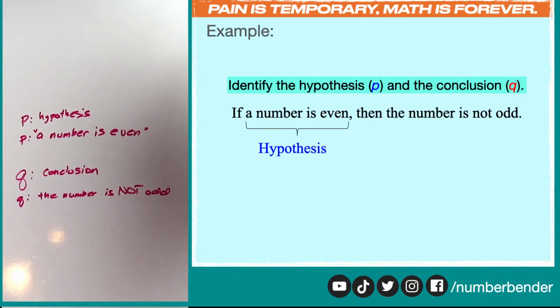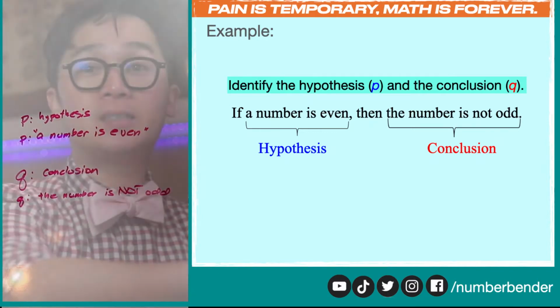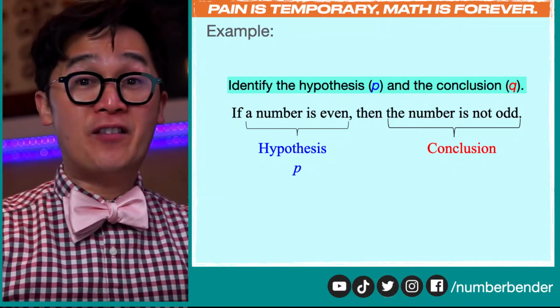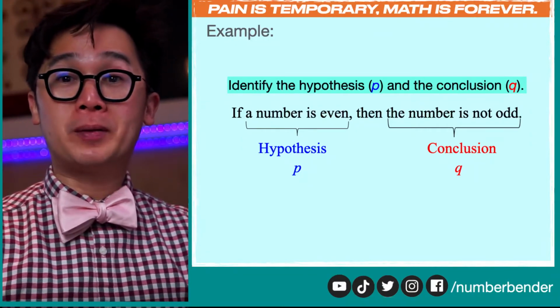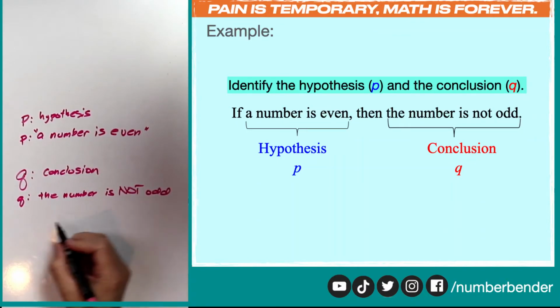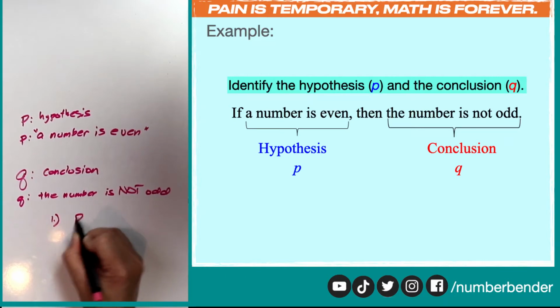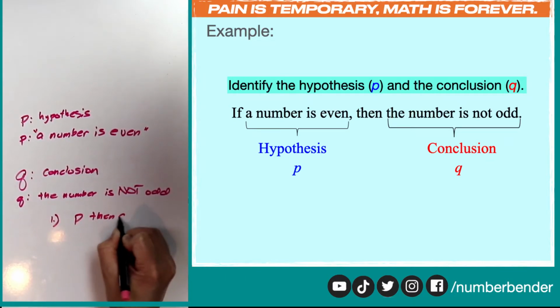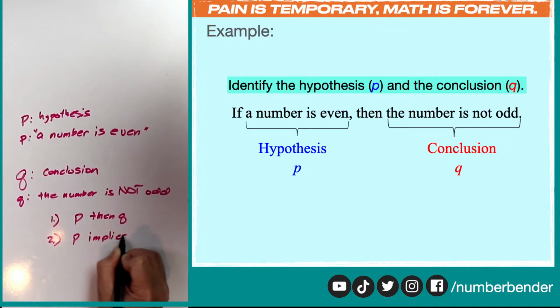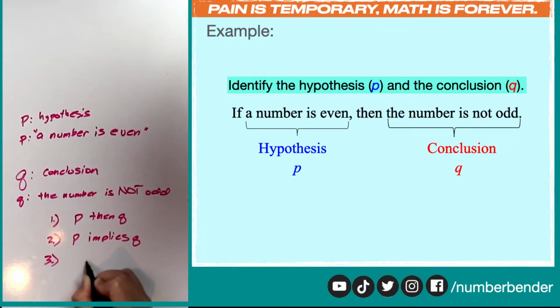And once we are able to identify our hypothesis and our conclusion using symbol form, we'll be able to write this out in different notation because we now have P and Q. To rewrite our statement in mathematical notation, we can write it out as P then Q. We can also write it as P implies Q, or we can also use symbols like so.